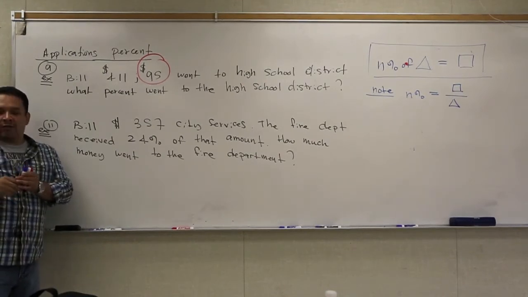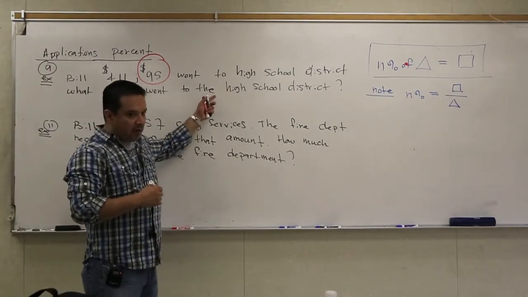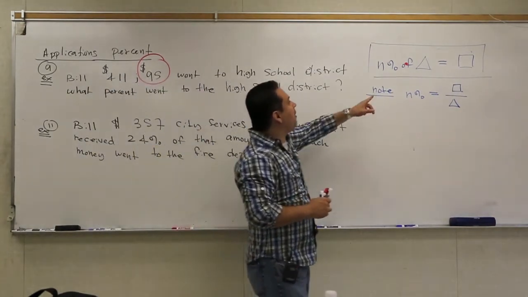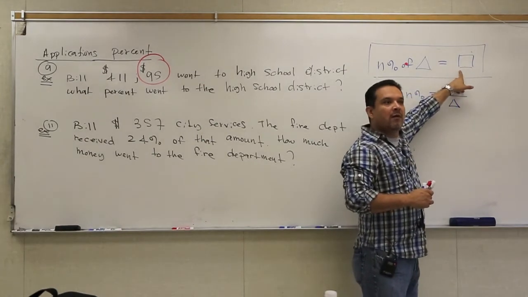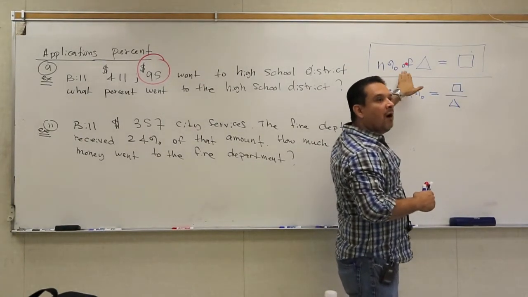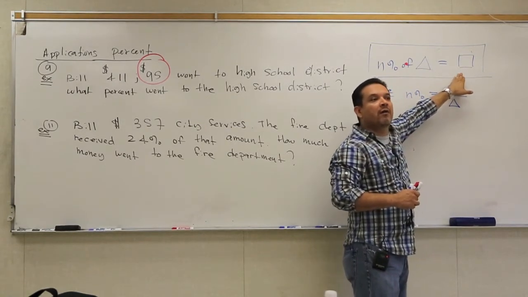You're right. So let me go through this with you guys, because these two are the warm-up problems that we're going to work with today. Remember the model, n% of some amount equals some other amount? So they're taking some percentage or some portion of an amount, and it equals some value here.